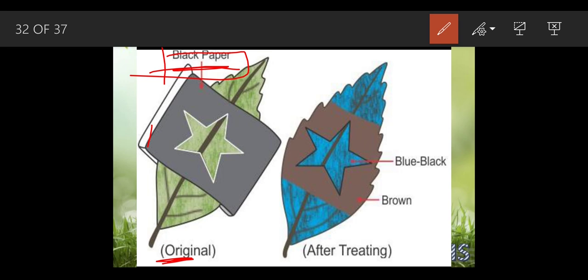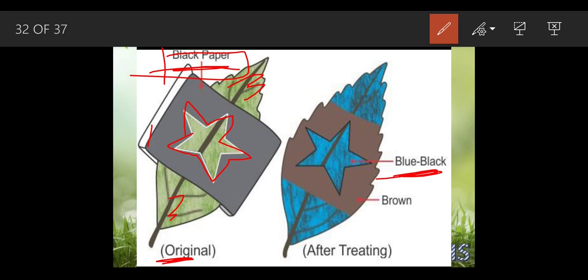So when we pour the iodine solution on this leaf, what is going to happen? See this, the part which is exposed to the sunlight, this star part and the rest of the part, this turns blue black due to the iodine presence.